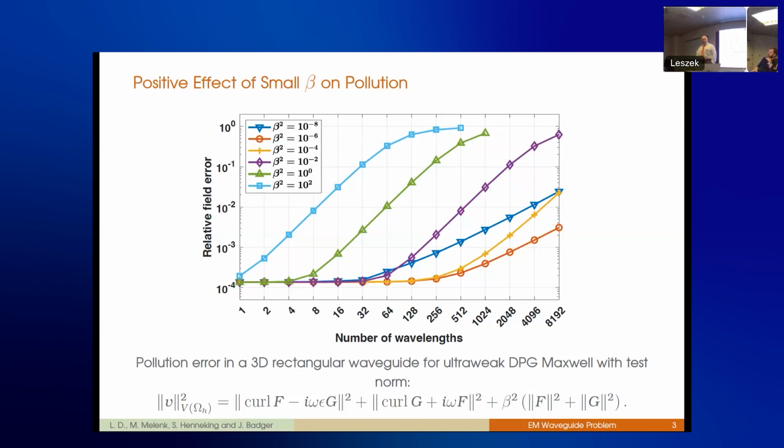The P refinements are here to control effectively the pollution, right? Sure. That is the old result. So now you use the best beta you can, and then you control it by raising P. So if you have a nice beta, you don't have to raise P that much. Okay, you view this. I should have said that. We always use 2 elements per wavelength, right? And then we figure out what is the necessary order of approximation to do that.